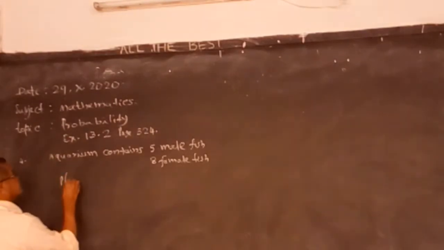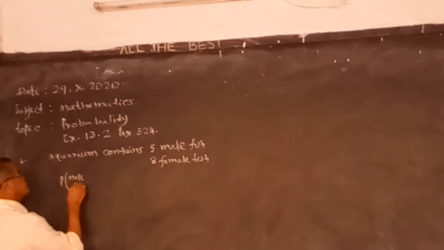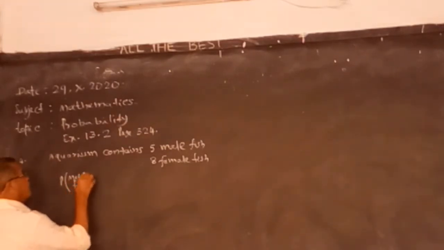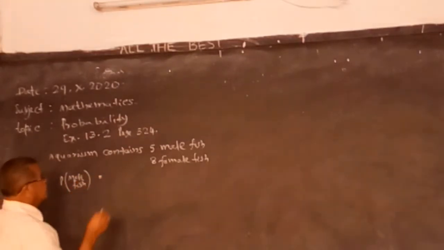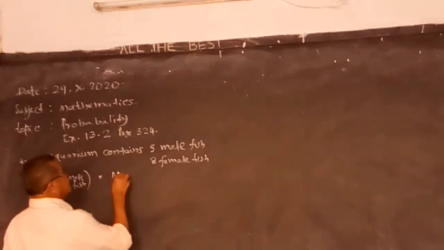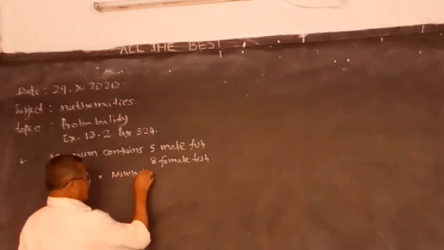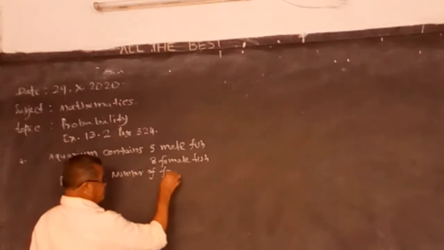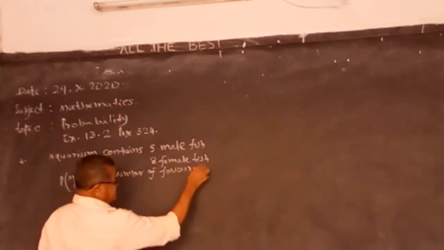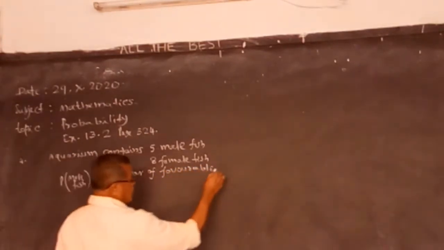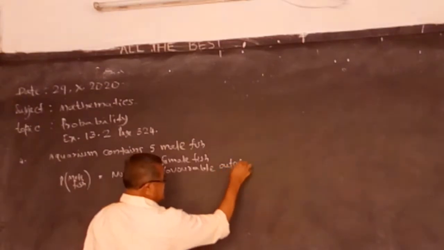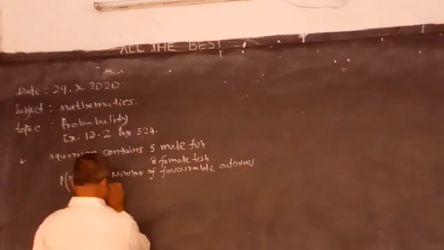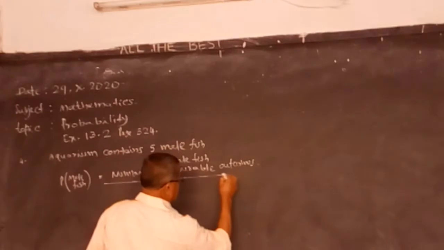Probability of male fish is equal to number of favorable outcomes by total number of outcomes.